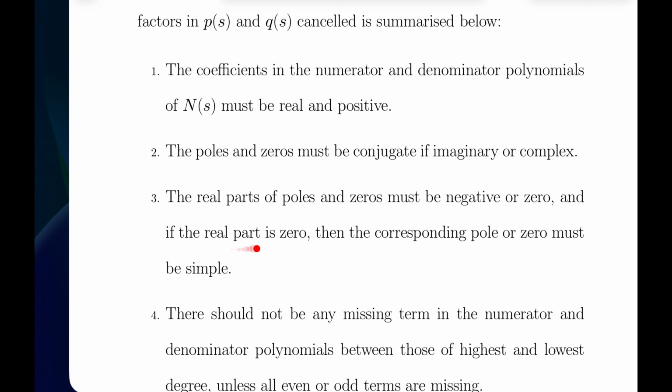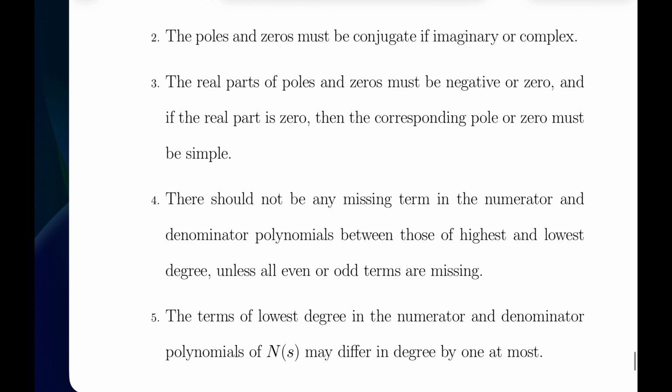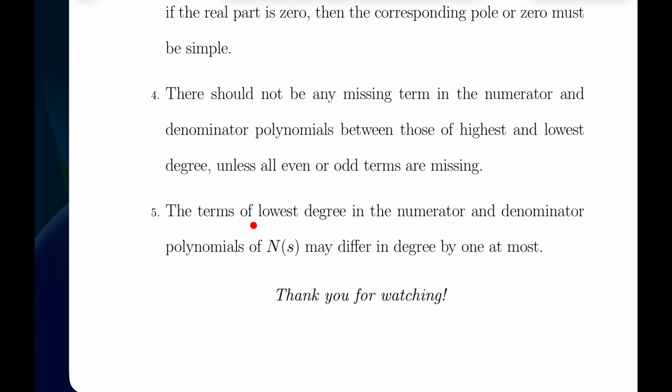And if the real part is zero, then the corresponding pole or zero must be simple. Fourth, there should not be any missing term in the numerator and denominator polynomials between those of highest and the lowest degree, unless all even or all odd terms are missing. Fifth, the terms of lowest degree in the numerator and denominator polynomials of N(s) may differ in degree by 1 at most.